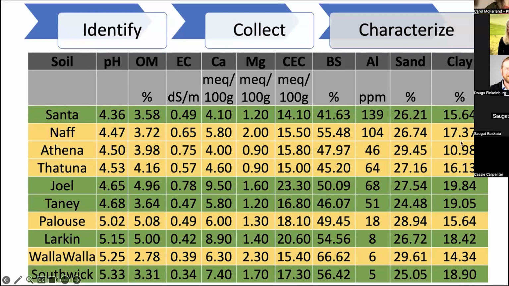These are things that start to get at, between the organic matter and the soil clay, and the cation exchange capacity, an indication of buffer capacity, and a way to measure it in other ways as well. So the highest pH we had was 5.33, and correspondingly 5 parts per million of aluminum for this study.